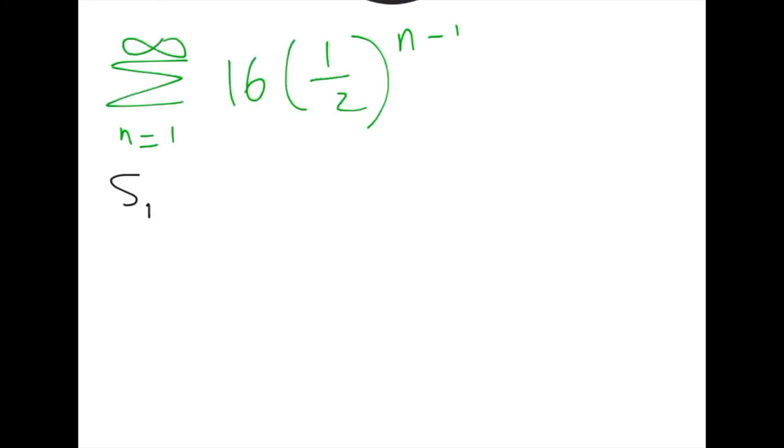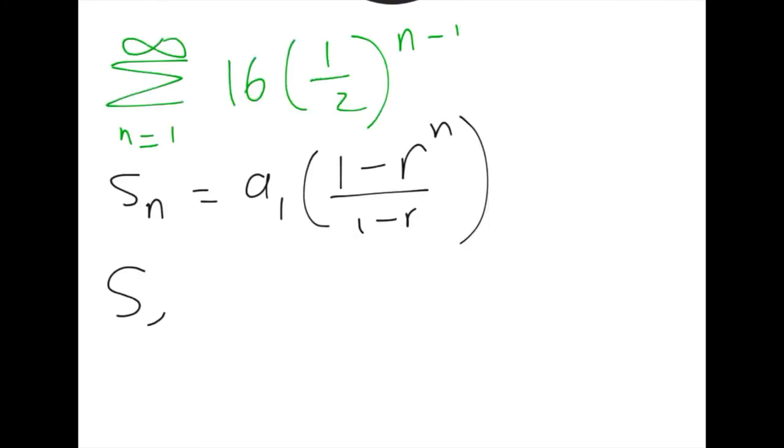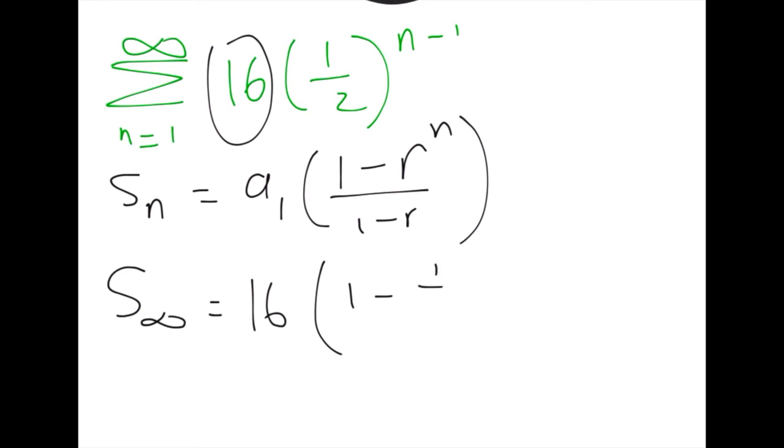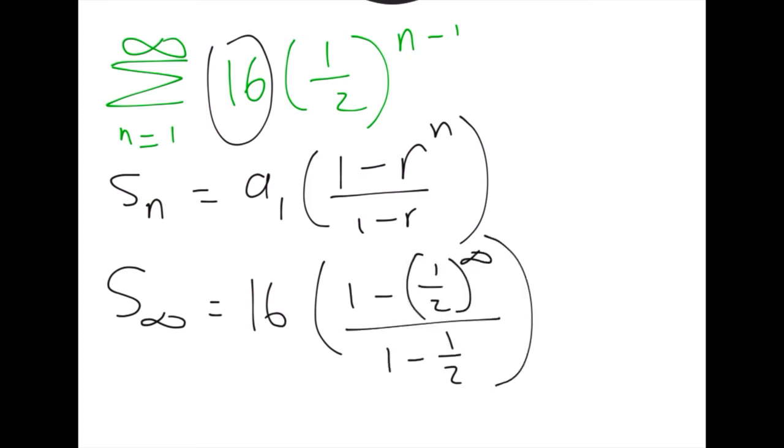Let's do it again over here. Let's try to apply the formula. So I have S to the infinity is going to be a1, that's 16, times 1 minus r, that's 1/2, to infinity, divided by 1 minus 1/2. So I want you to think about it. What is 1/2 to infinity? In other words, what is 1/2 times 1/2 times 1/2 times 1/2, suppose you keep going forever.